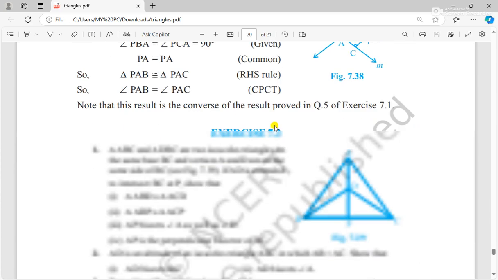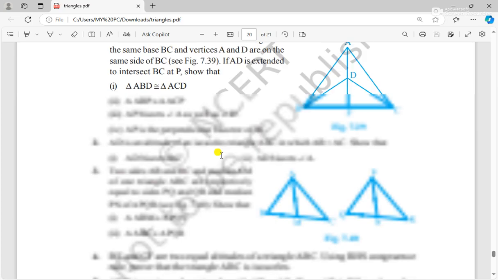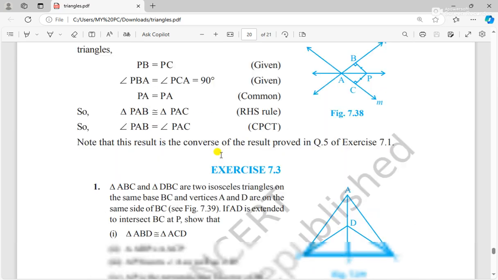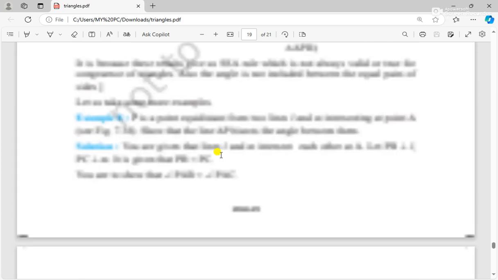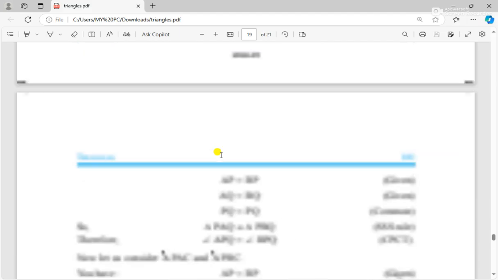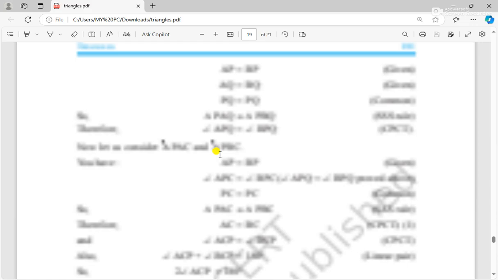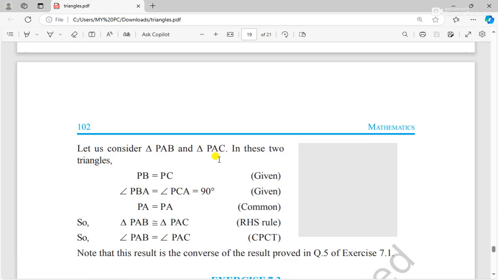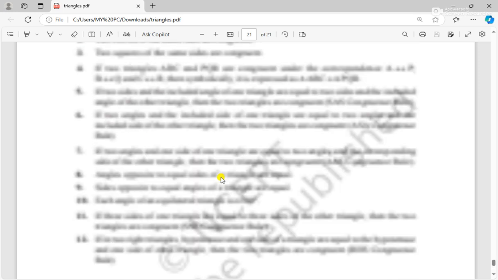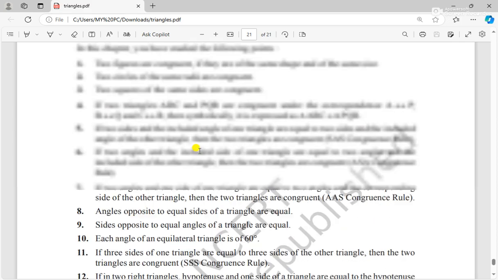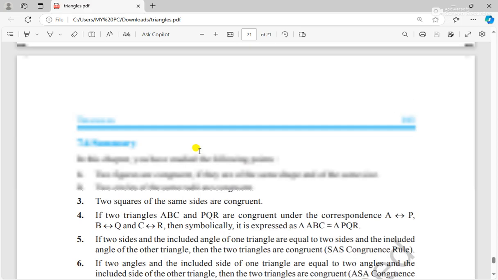You can see this is exercise 7.3, and you can see these are the two rules we are given, that is the right angle hypotenuse side rule and the side congruence rule, right? The next day we will solve these questions, that is this one. You can see here these questions we will solve, that is exercise 7.3. We will discuss all these things, right?